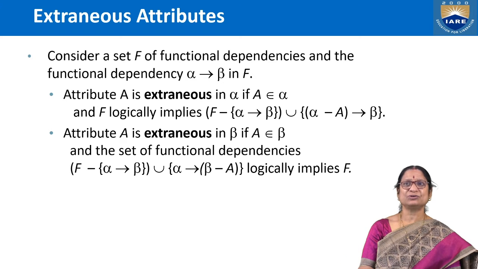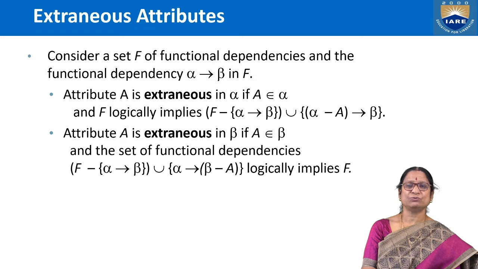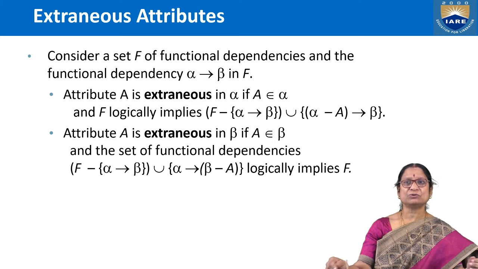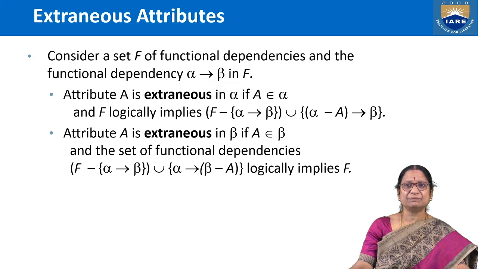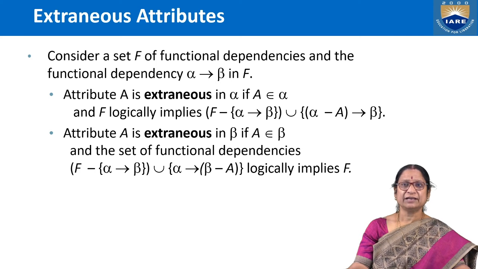So attribute A is extraneous in beta if A belongs to beta and the set of functional dependencies (F minus alpha determines beta) union (alpha determines beta minus A) logically implies F. That means if you are removing A, you are adding that particular dependency to F by removing the existing alpha determines beta, and if that extraneous attribute can be removed while the result is equivalent to F, then it is extraneous.